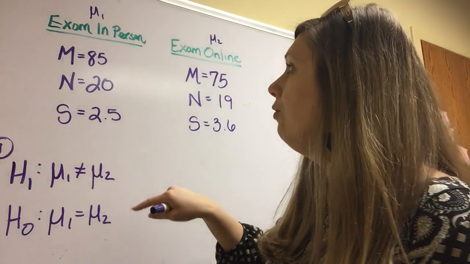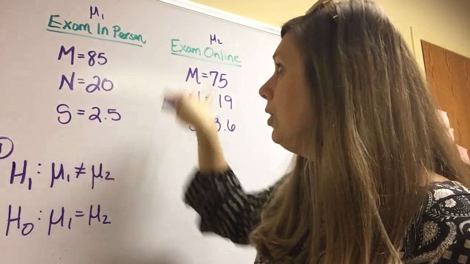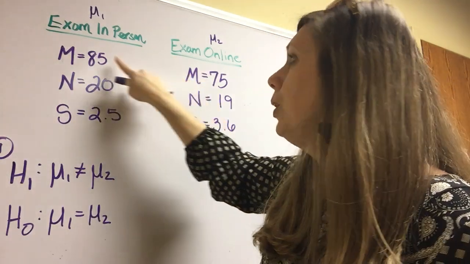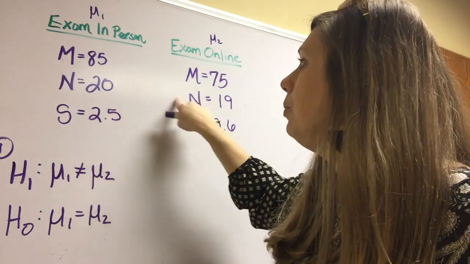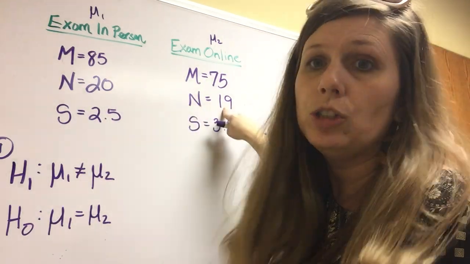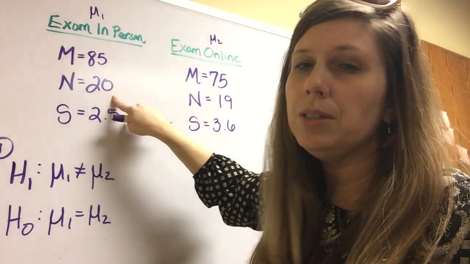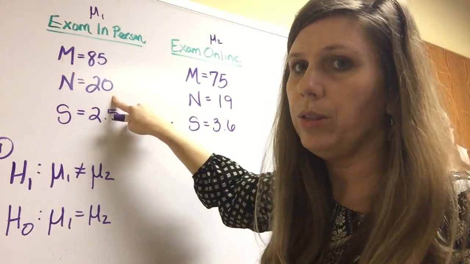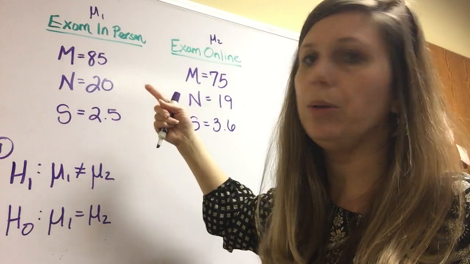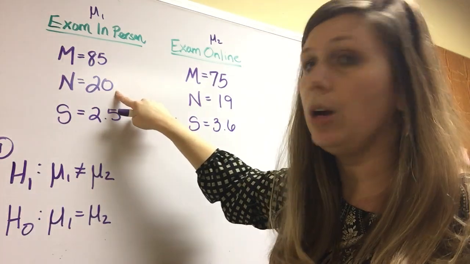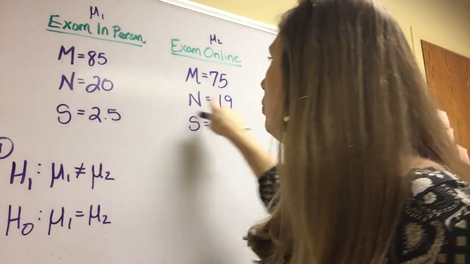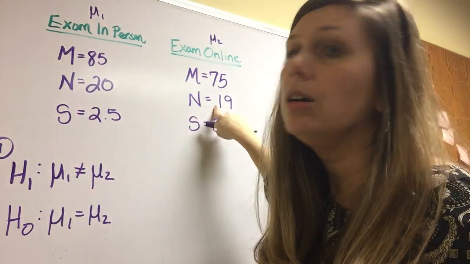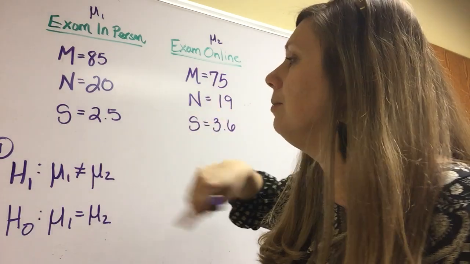First, we're given means for both of our groups, which is good. We're given the number of people in each group, and notice how they don't match. Obviously, most of the time we as researchers aim for them to match, like 20 people in both groups. But things happen, people drop out, or they have data that's not good for some reason, so somebody might be lost here. So we'd have 20 versus 19.